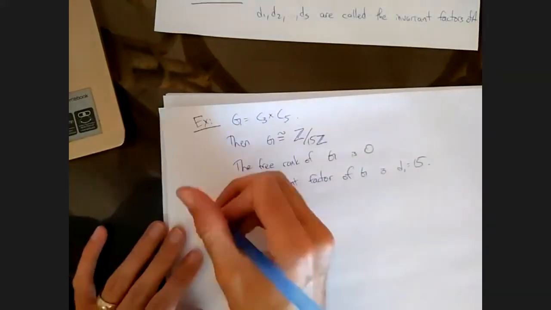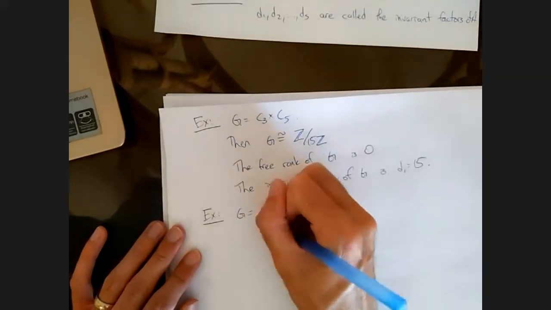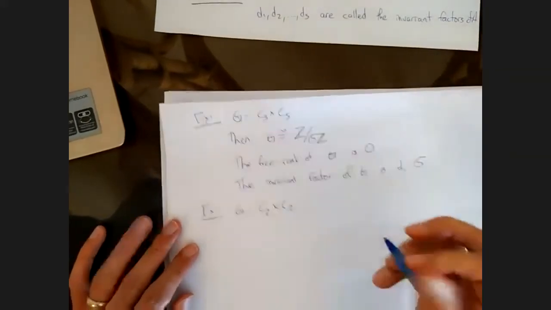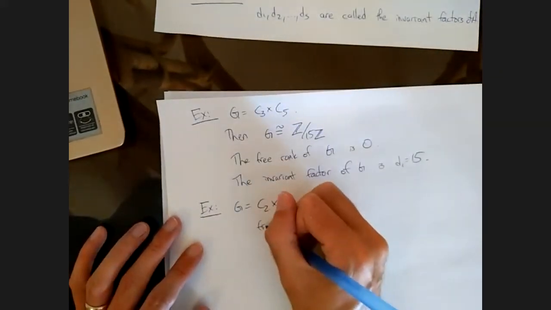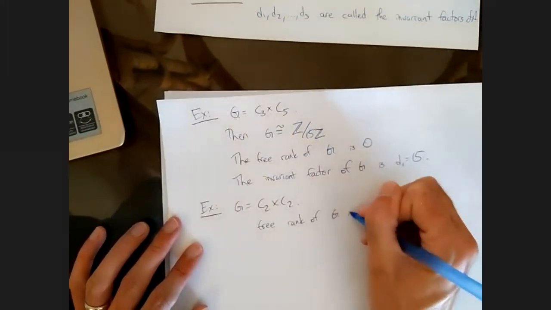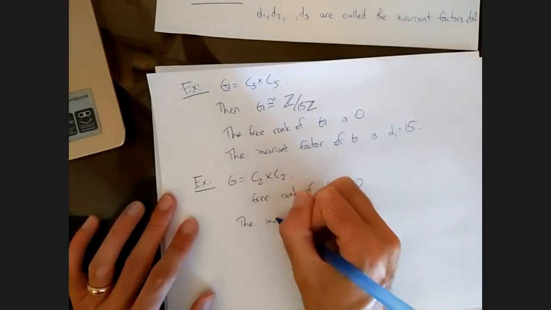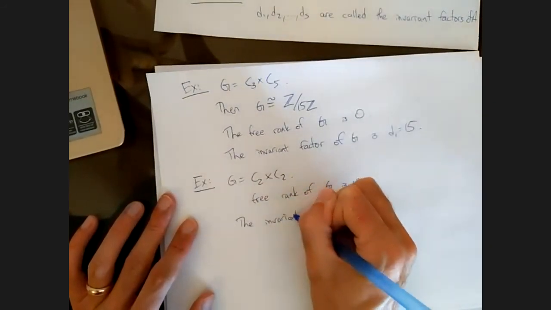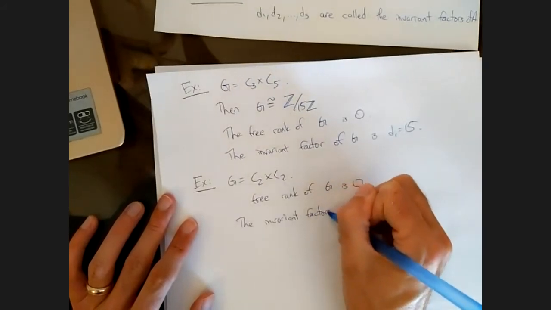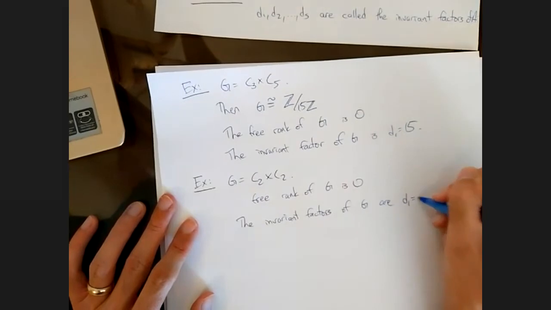Another example, if G equals C2 cross C2, the free rank of G is 0 again, and the invariant factors of G are d1 equals 2, d2 equals 2.